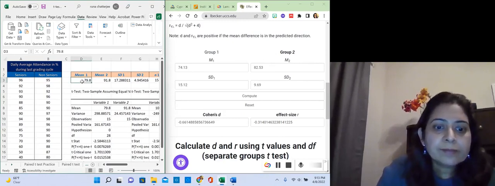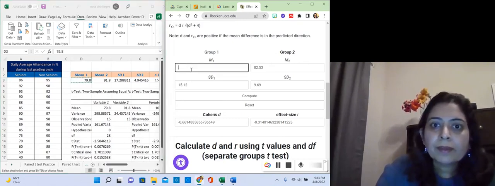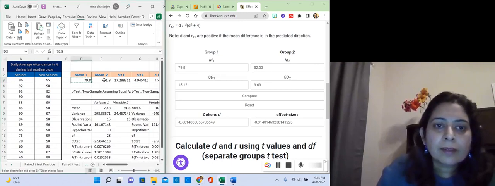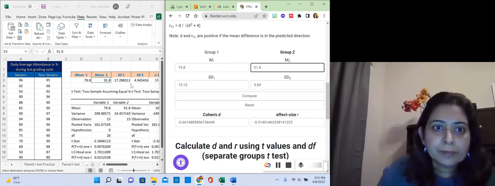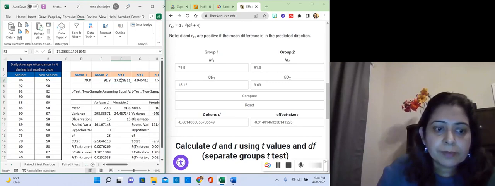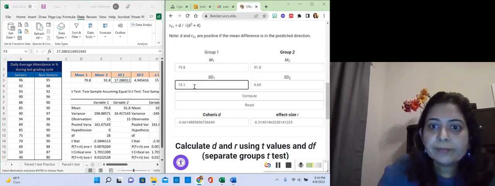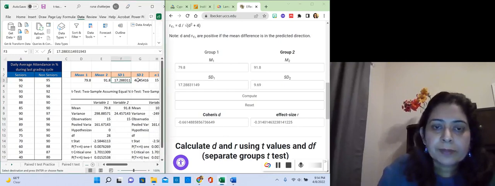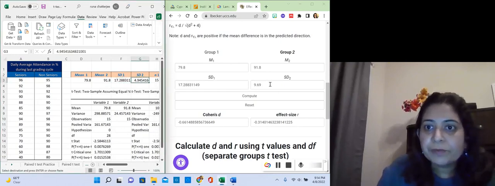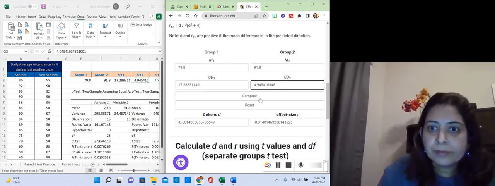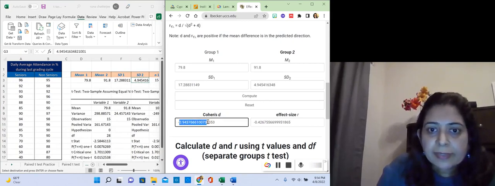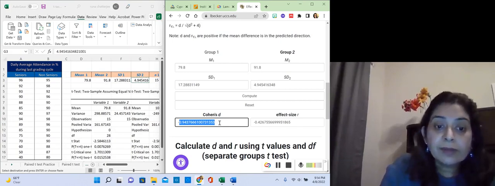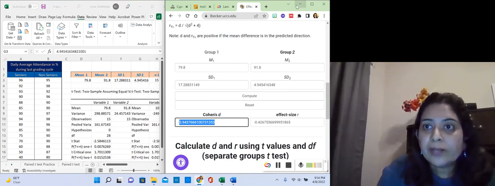So mean 1, mean 2, standard deviation 1, standard deviation 2, compute, and now I have an effect size, a very large effect size, close to 1 actually.